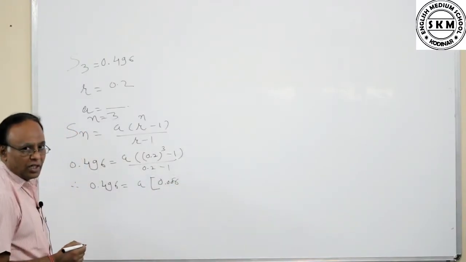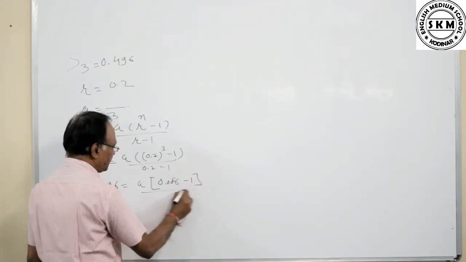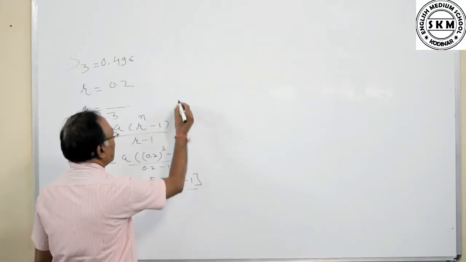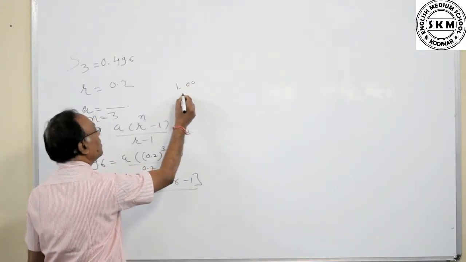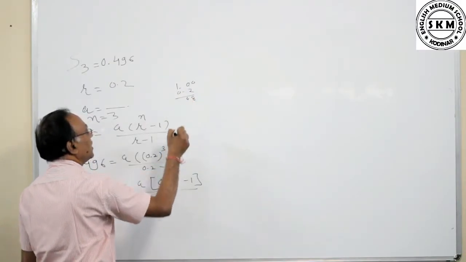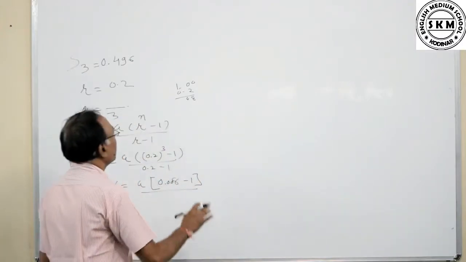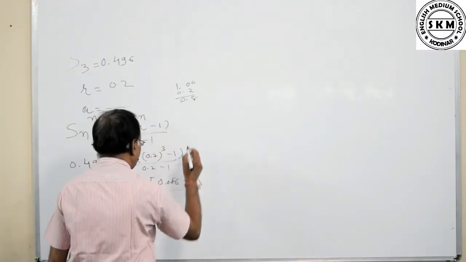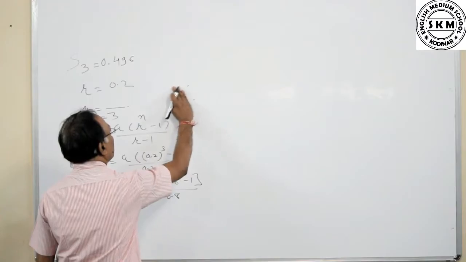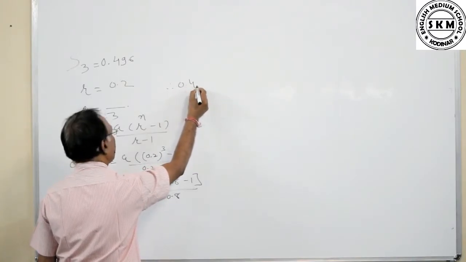So 0.2 cubed is 0.008, minus 1 upon 0.2 minus 1, so 1.0 minus 0.2, which is 10 minus 2, so 0.8, with the minus sign, minus 0.8. Now, therefore, minus 0.496.